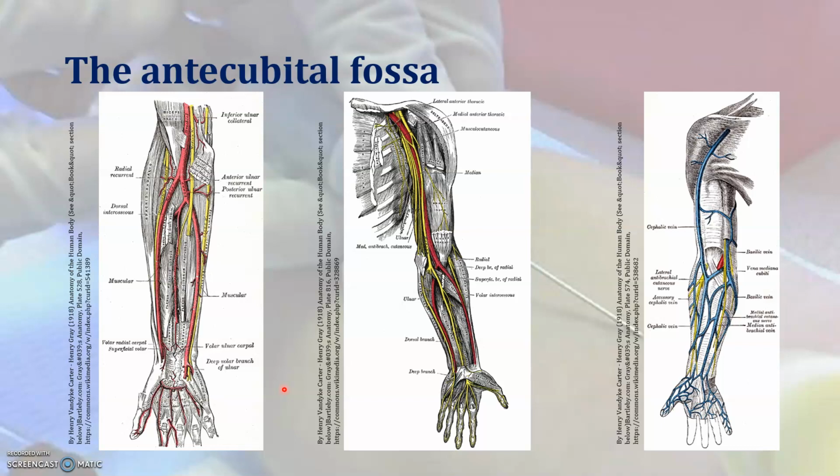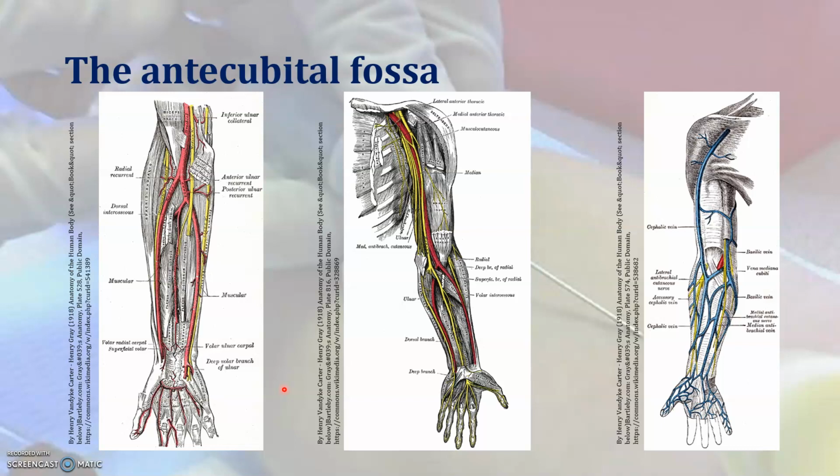If we look at the picture on the right, there are some important superficial veins that run through the ceiling of the antecubital fossa. Not always thought of as contents of the fossa, but they pass over the fossa in a fairly consistent way, and can be useful because the anatomy is consistent enough.